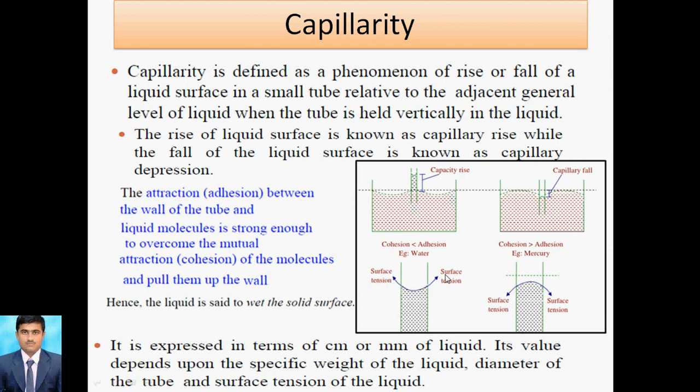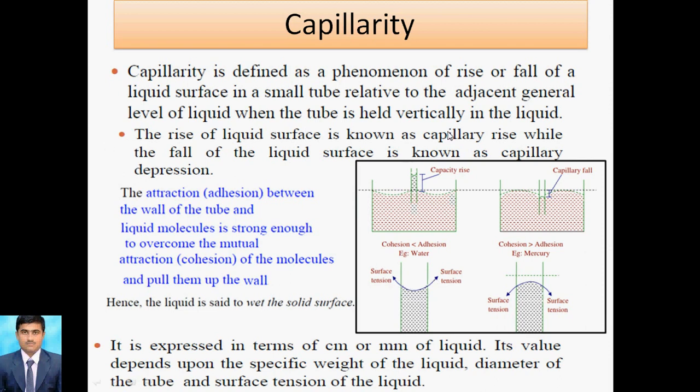Here we can observe the surface tension effects for capillary rise and capillary fall. This is a concave shape and a convex shape, also called the meniscus. Meniscus means the curved surface we can observe here. So this is related with capillarity.